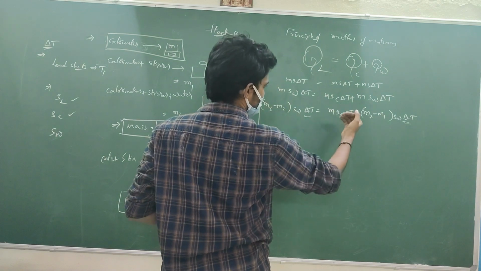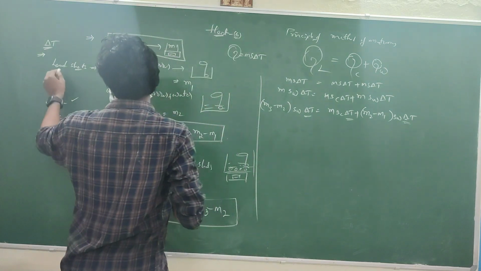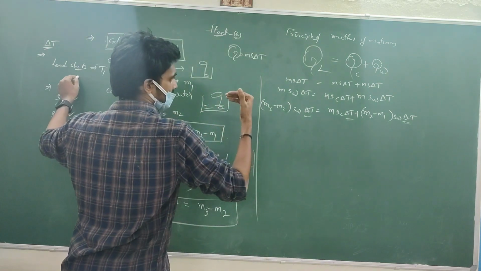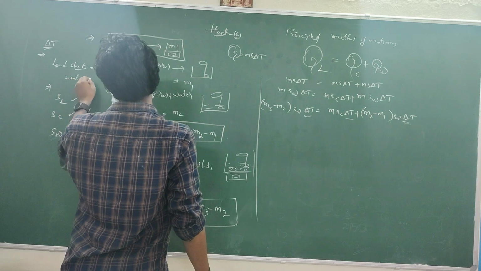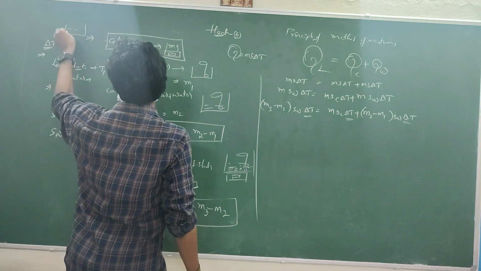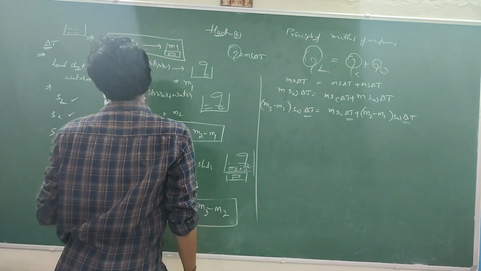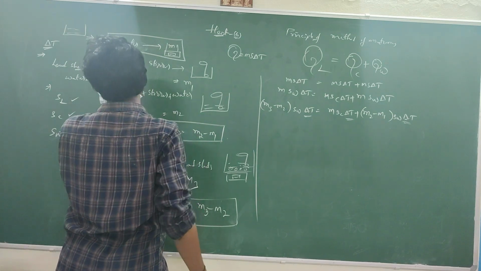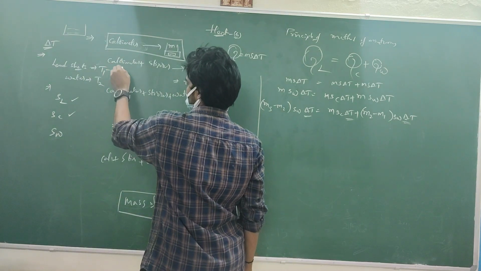And here, in MSC into delta T, the temperature of water, the initial temperature of water when it is inside the calorimeter, we'll consider as T2.